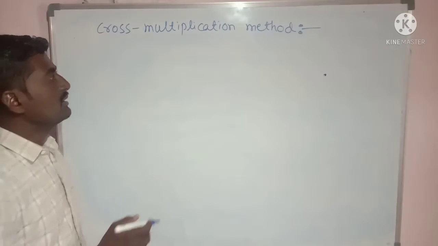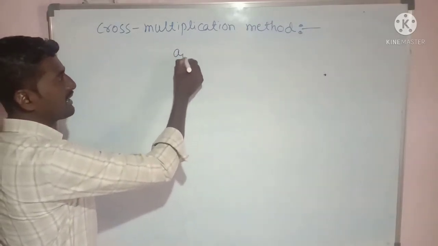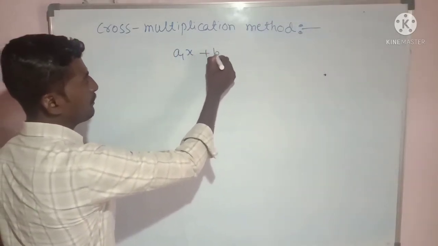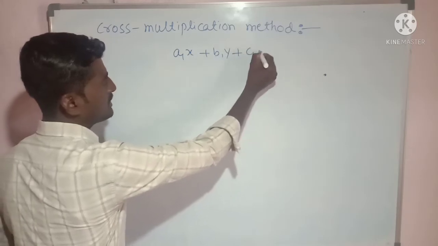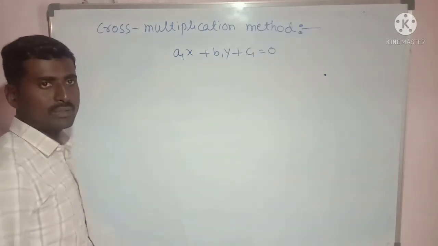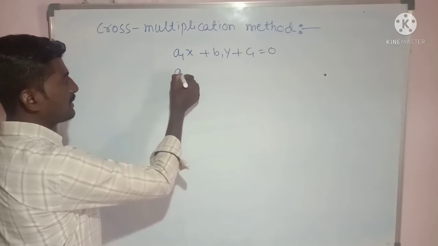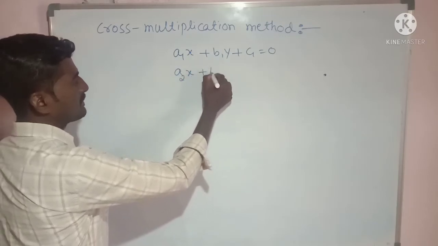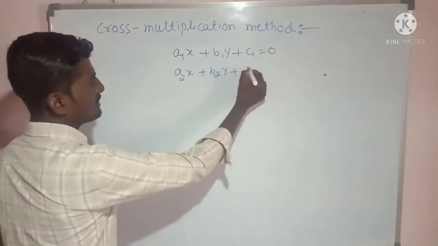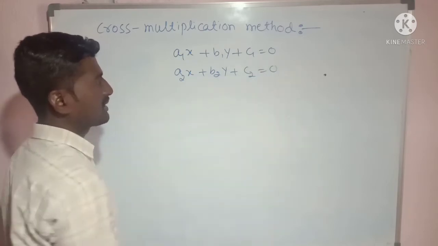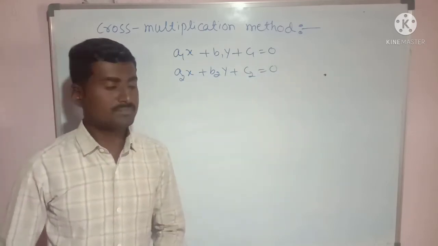Now we'll take a pair of linear equations in general: a1x plus b1y plus c1 is equal to 0. This is one equation, and one more is a2x plus b2y plus c2 is equal to 0. These are the pair of linear equations.